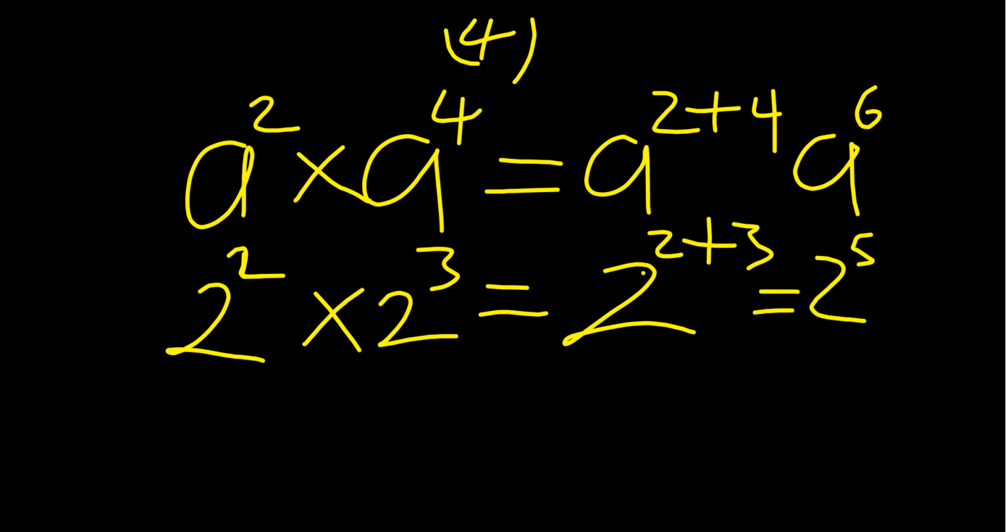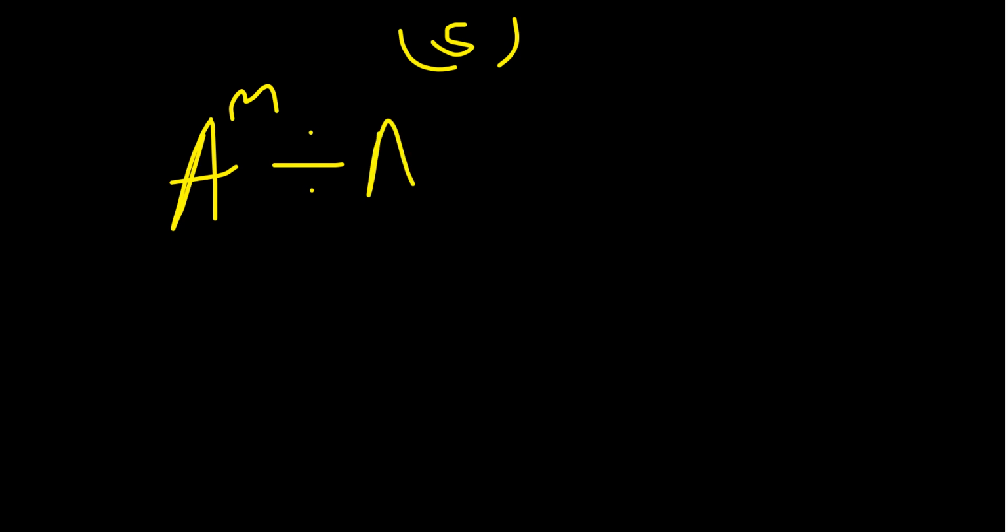So you want to go to the next one, which is number 5. It says if two numbers of the same value divide each other, subtract their powers. If you have something like a raised to power m divided by a raised to power n, what does this mean? It means a raised to power m minus n.